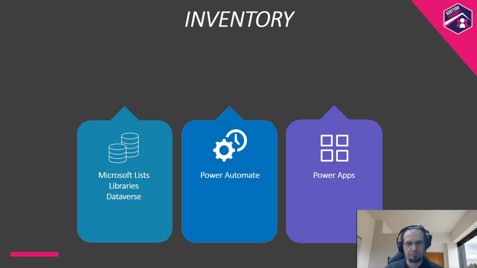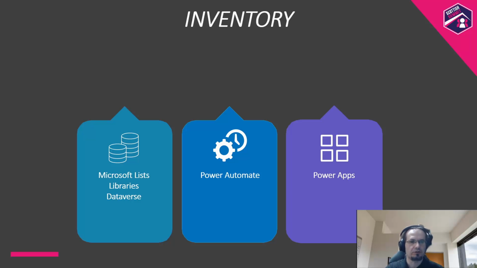But the main engine would be Power Automate. Power Automate is the main engine for business processes, for automation inside Microsoft 365, and we should use this engine to create business processes and connect them with different parts of Microsoft 365 and with Teams.